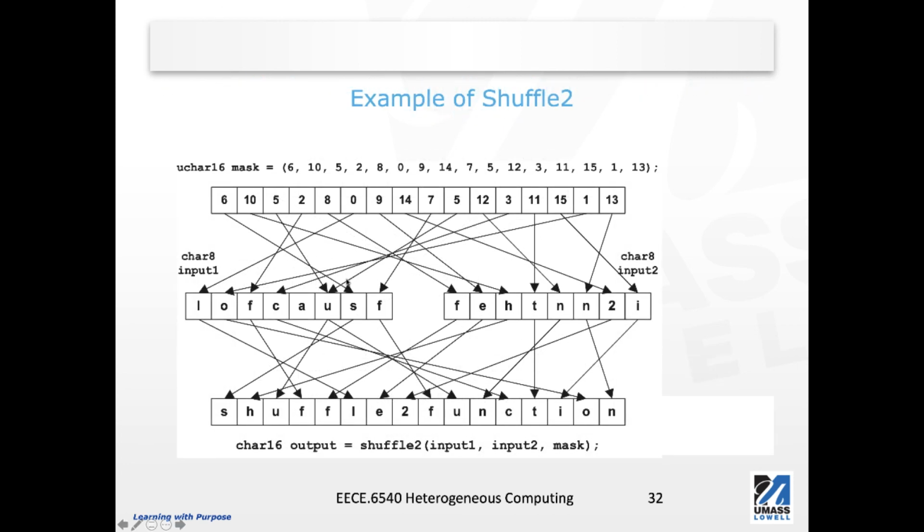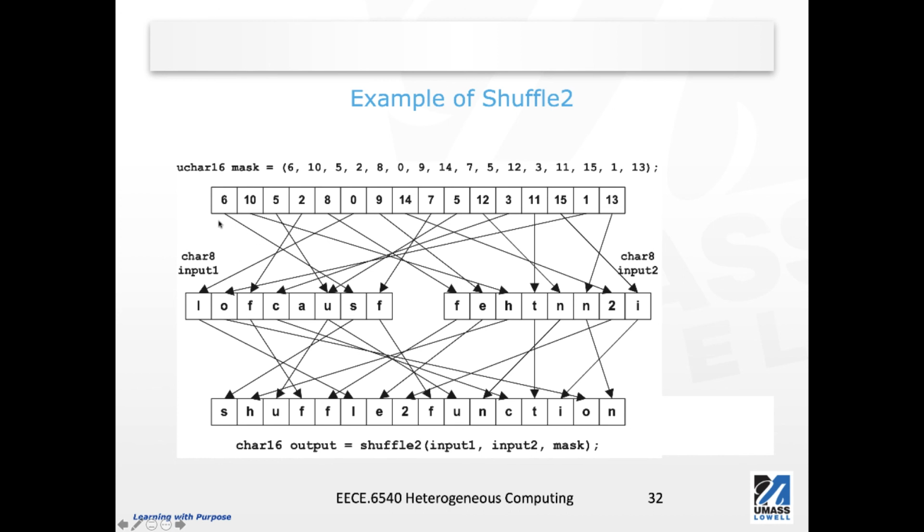Now this is an example of shuffle2. Shuffle2 takes 2 input vectors, input 1 and input 2, with a mask. So what we expect to see is 2 input vectors with the original values. In this example, all these input vectors contain letters.